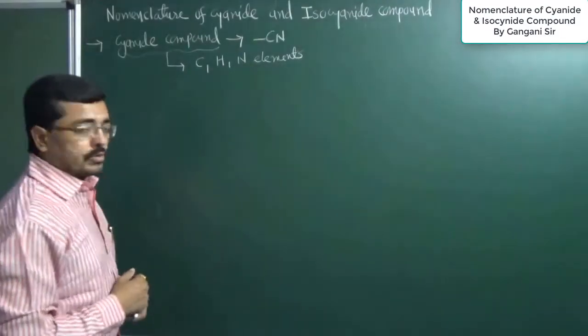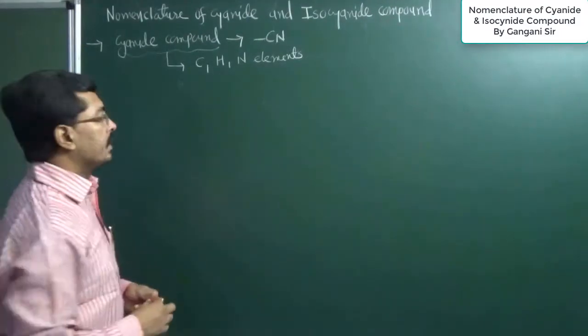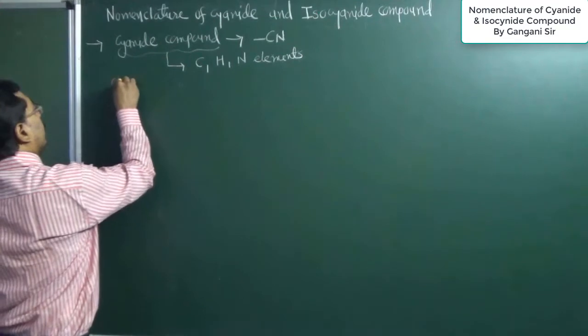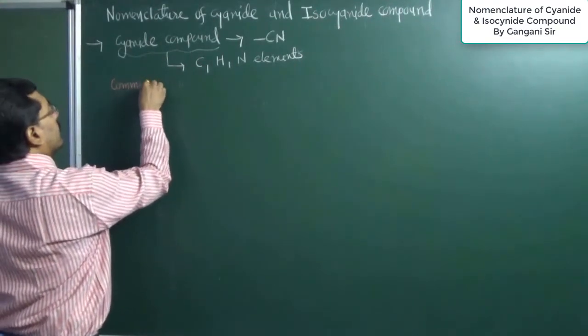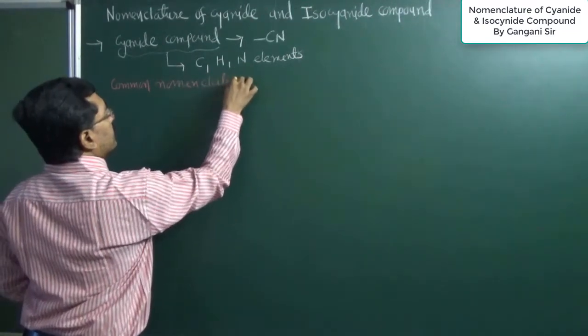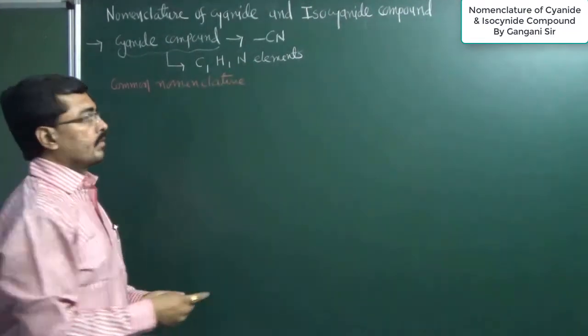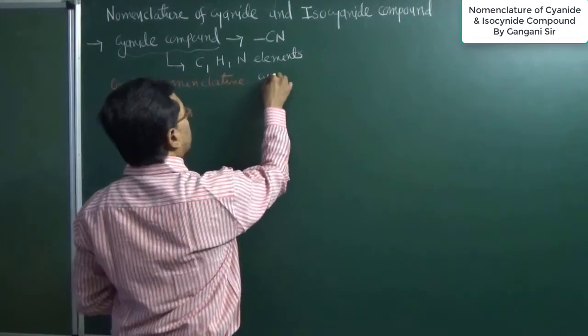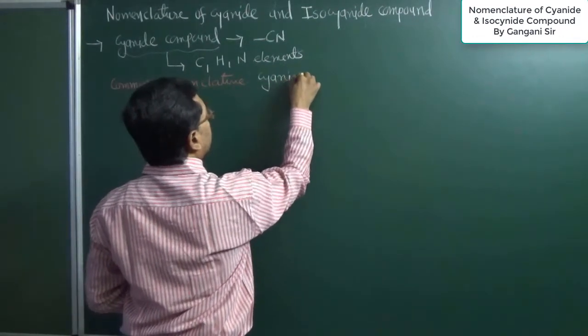Now, there are two types of nomenclature. First, common nomenclature. For common nomenclature of the cyanide compound, we use the word cyanide.